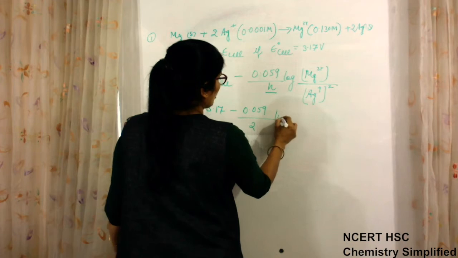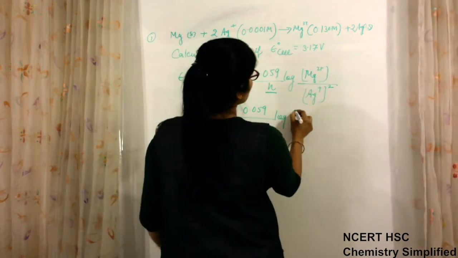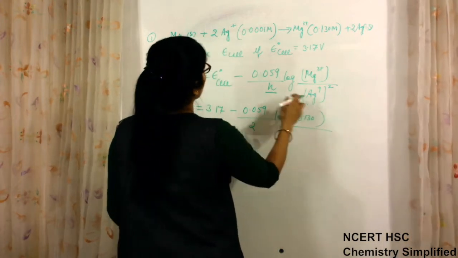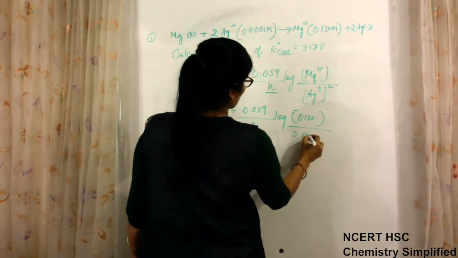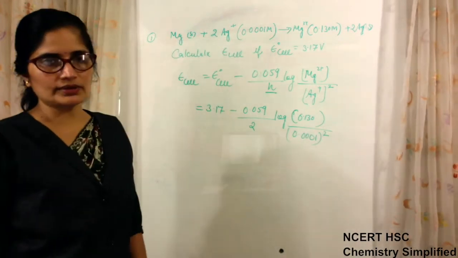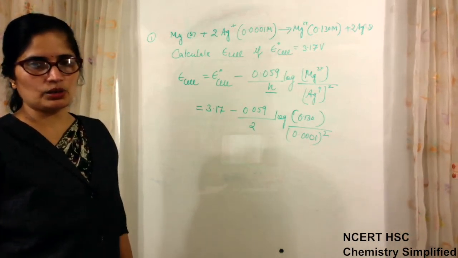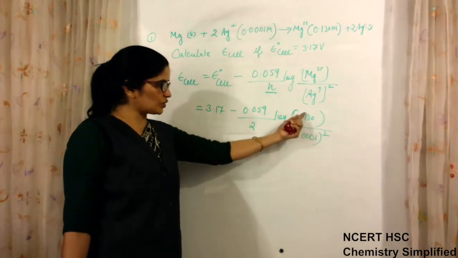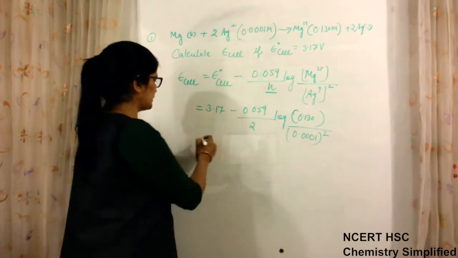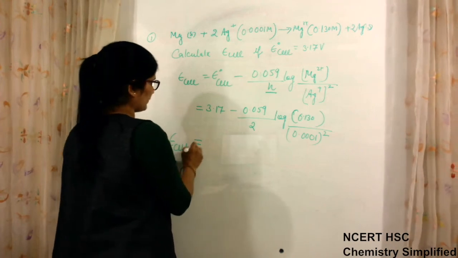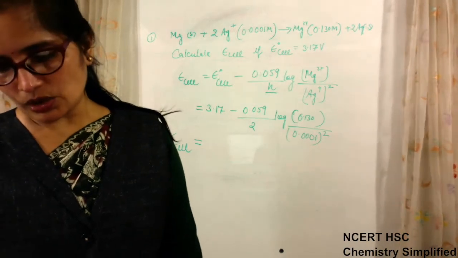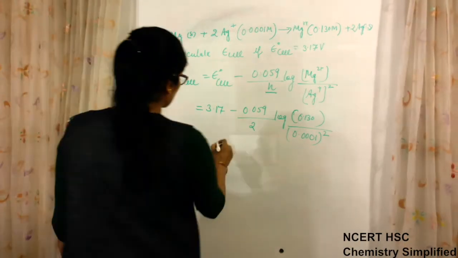So 2 log of Mg ion concentration 0.130 upon silver ion concentration 0.0001 raised to power 2. First we solve this term, then find the log, and then the remaining calculation gives the value of E cell. The answer comes 2.96 volt.